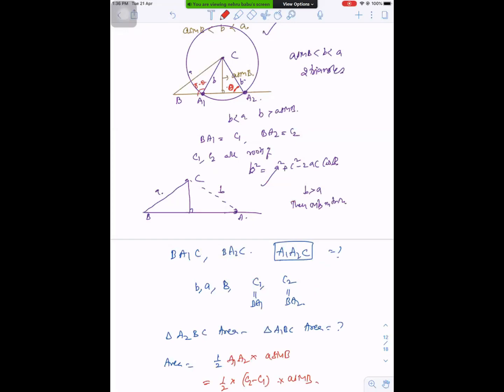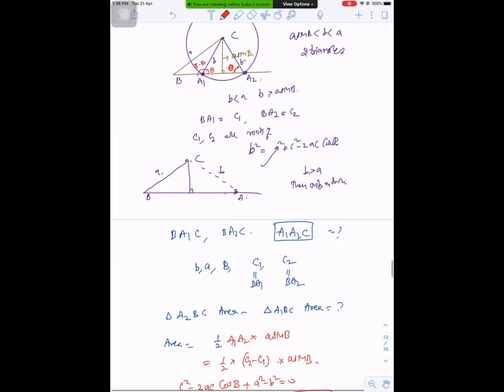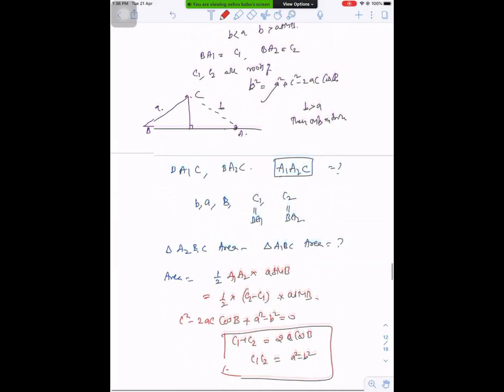If you take theta, triangle C A1 A2 is isosceles, so here also you'll get theta. So BA1C is 180 minus theta. So in these two triangles BA1C and BA2C, compulsorily one set of angles are supplementary: one is angle A, and the other is 180 minus angle A. So this result we discussed yesterday.